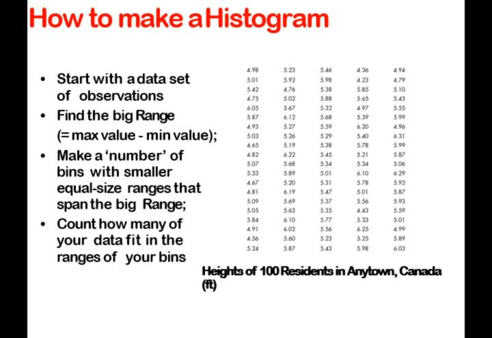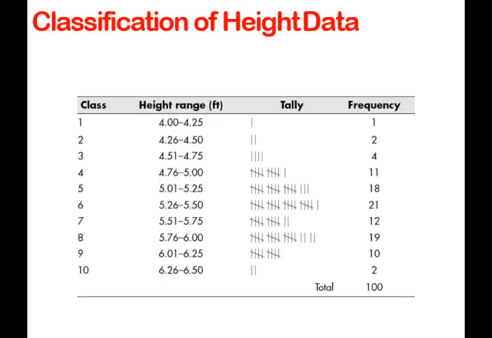For example, we have the heights of 100 residents somewhere in Canada. We can draw this table. We can tally the bins essentially. We wanted to have 10 bins, and the range of the data was from 4 feet to 6.5 feet.